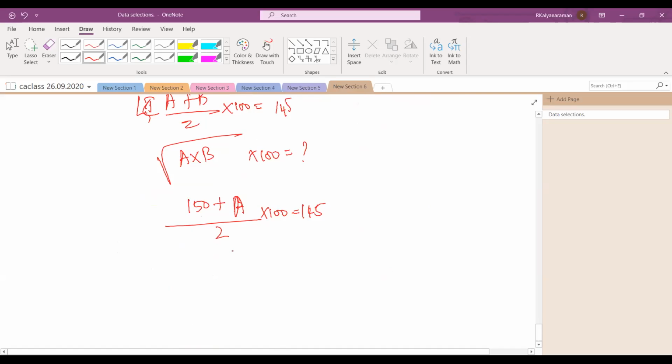So A is equal to what from here? So this will be 150 plus A is equal to 290 by 100.